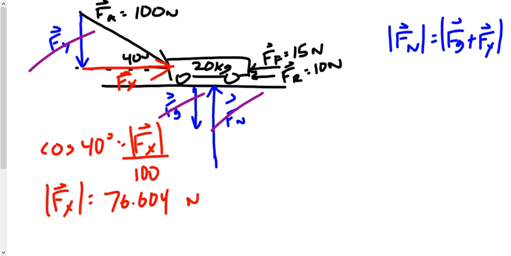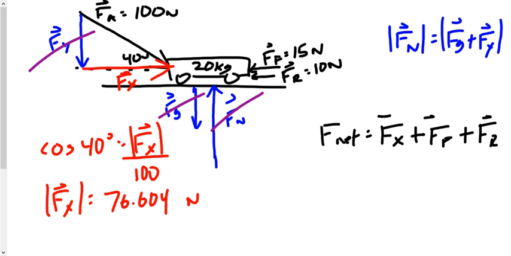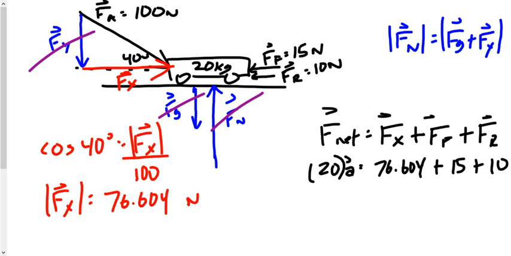Sydney, what do we do now? Yep. F net is equal to what? Yep. Fx plus Ff plus Fr. And then we say m times a: 20 times the acceleration equals 76.604 plus 15 plus 10, right?